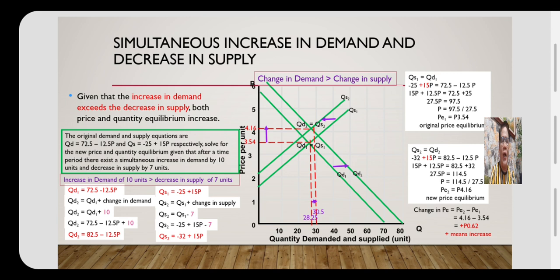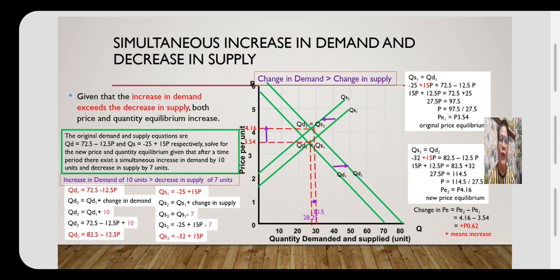And since the original demand equation is 72.5 minus 12.5P, and the change in demand is an increase by 10, we have introduced plus 10. Therefore, QD sub 1 plus 10 is equal to QD sub 2. Again, QD sub 2 is QD sub 1 plus 10.